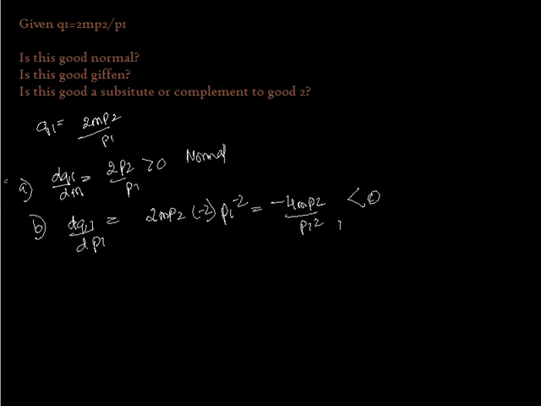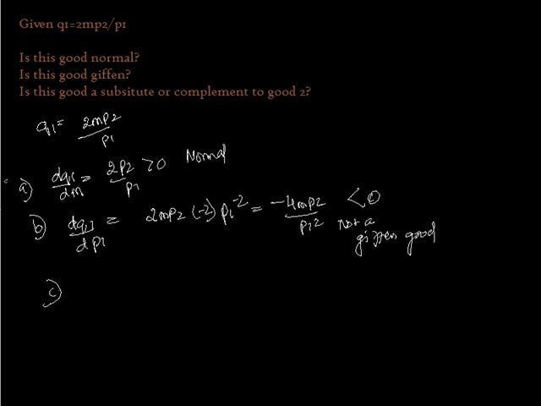It's not a Giffen good. M is positive, p2 is positive, p1 square is of course positive, 4 is a positive scalar, and hence this is a negative expression.